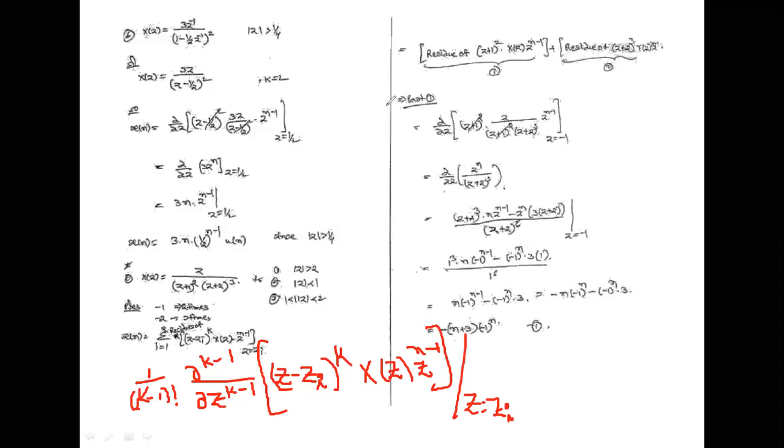For the first part, k is equal to 2, and zi is equal to minus 1.